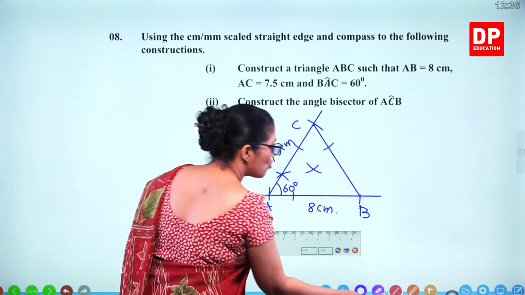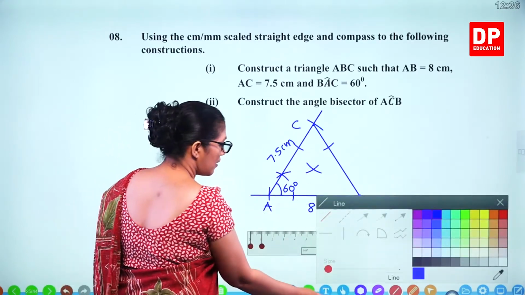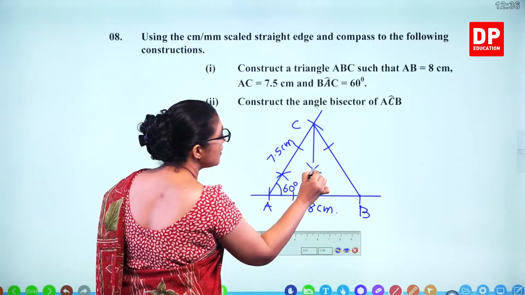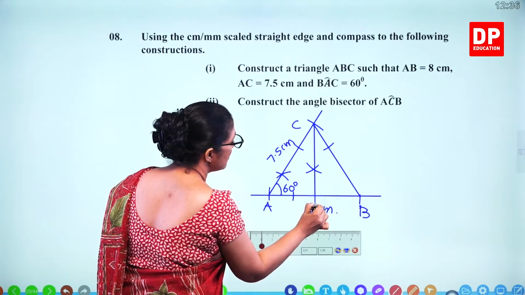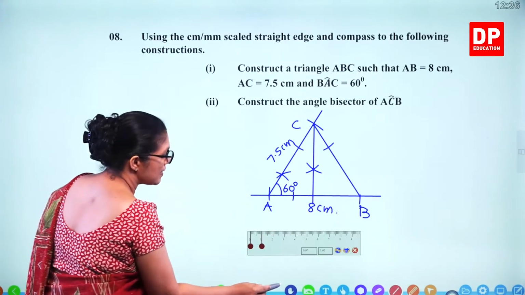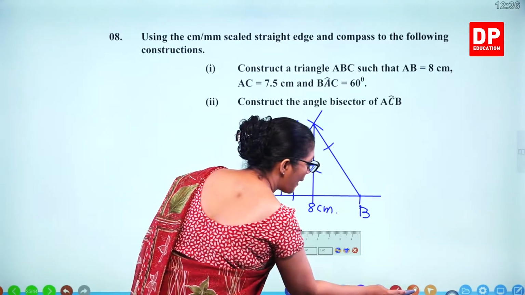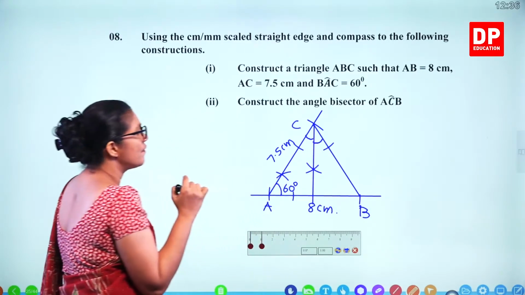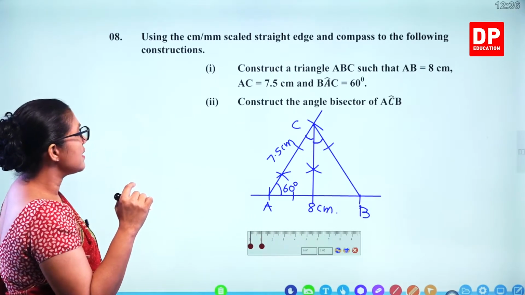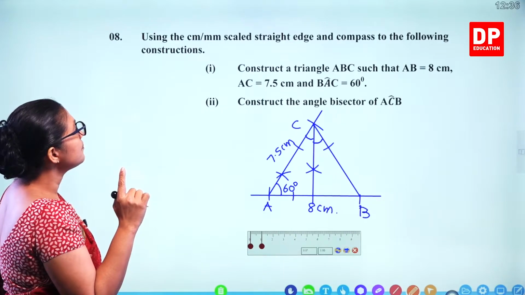And then you can join this point and this point, that's the angle bisector. So here this angle is equal to this angle. So the angle bisector is that.